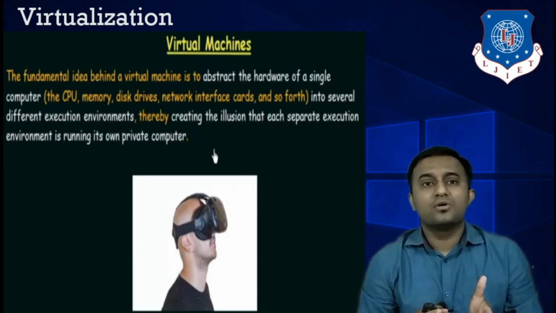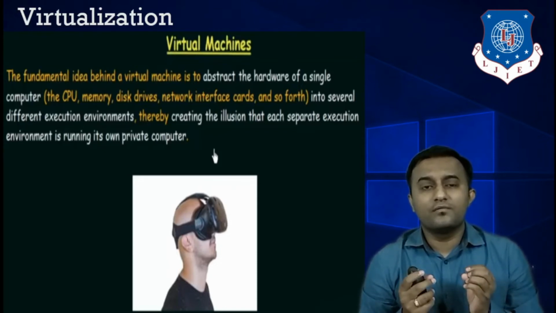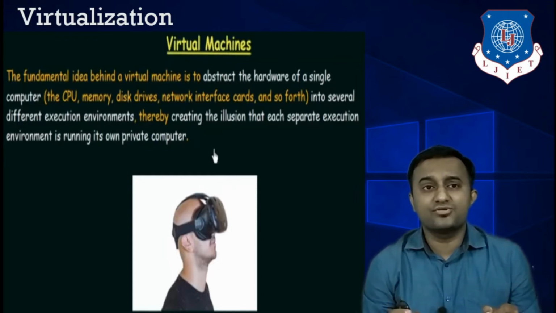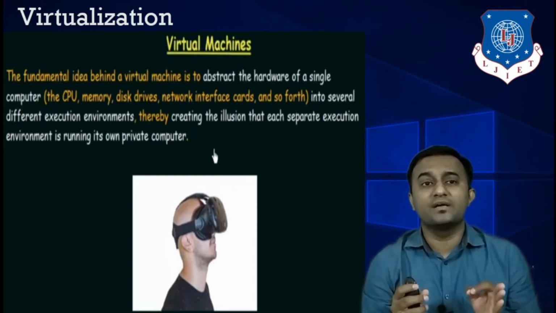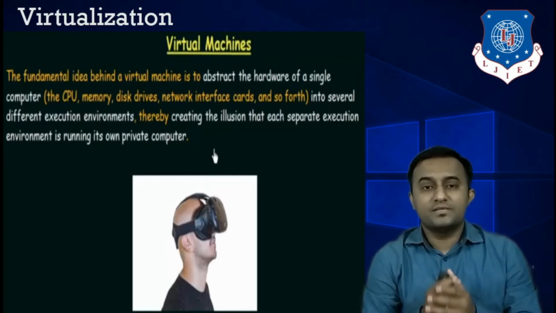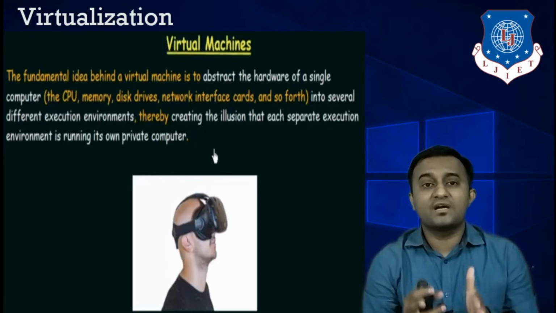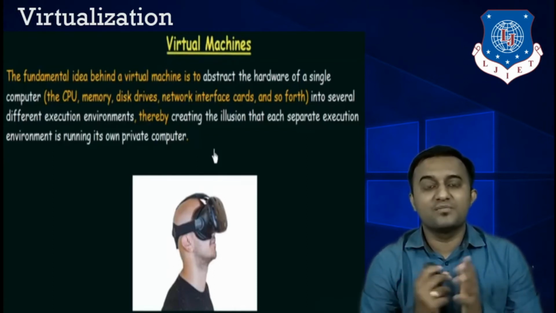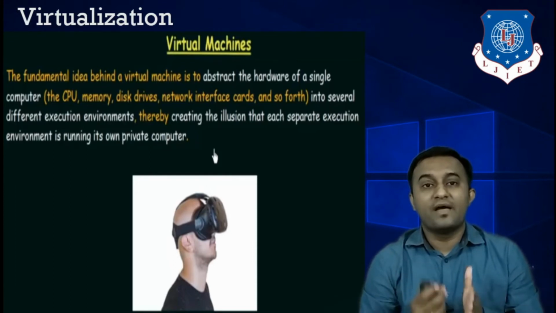Hence, we can create the illusion that each separate execution environment is running its own private computer. Means even though you have a single computer, by using the concept of virtual machine, you can have the illusion.